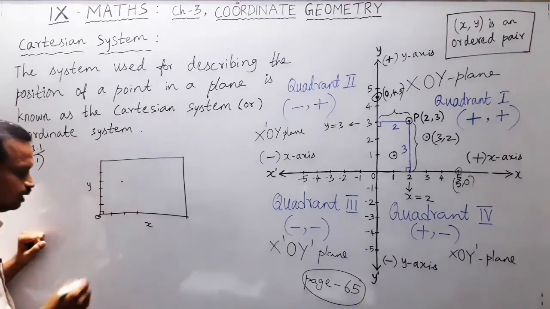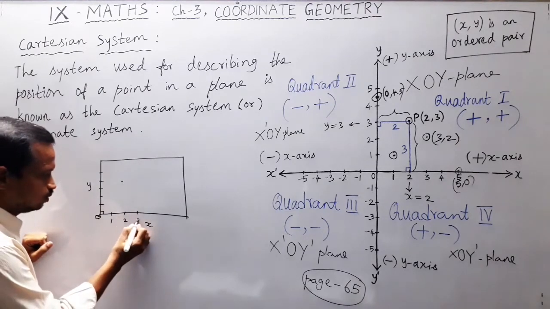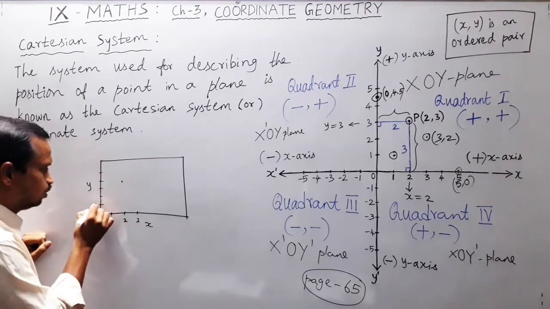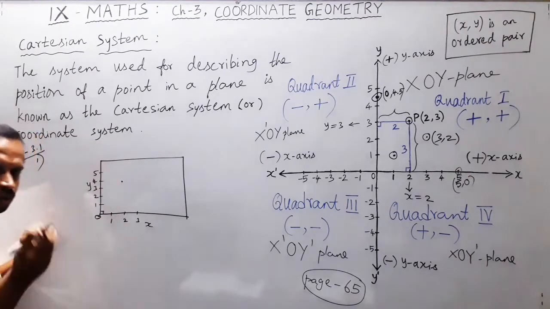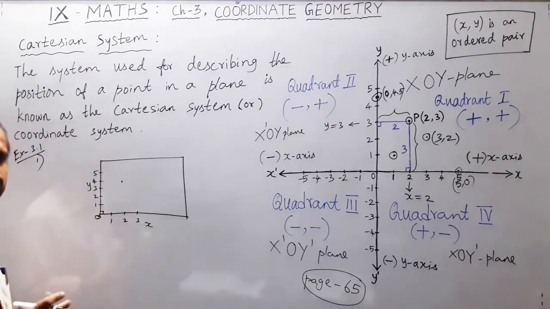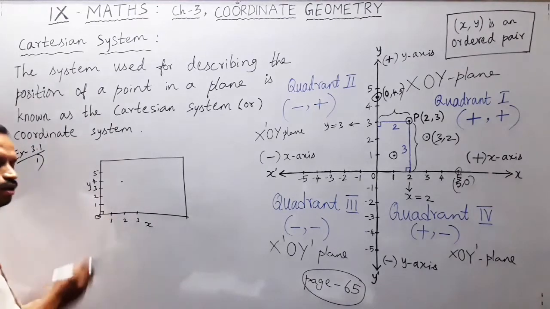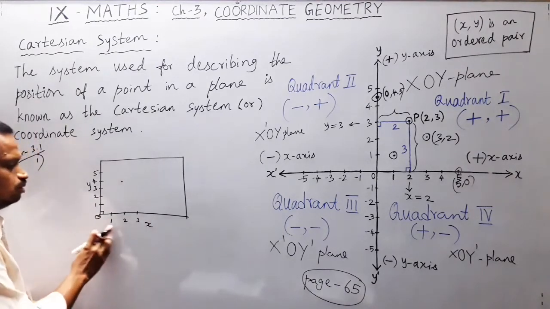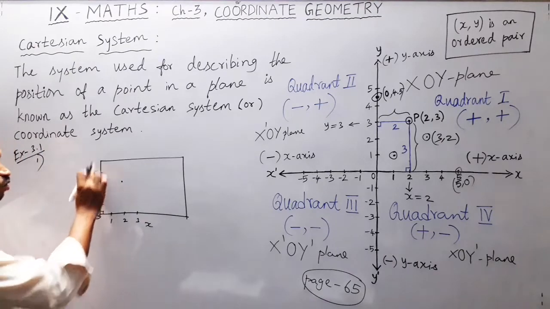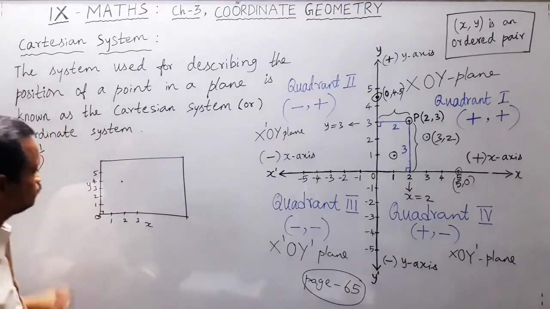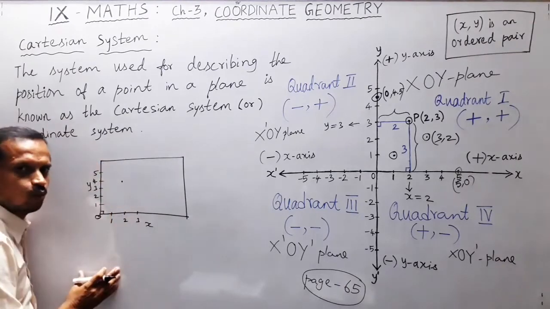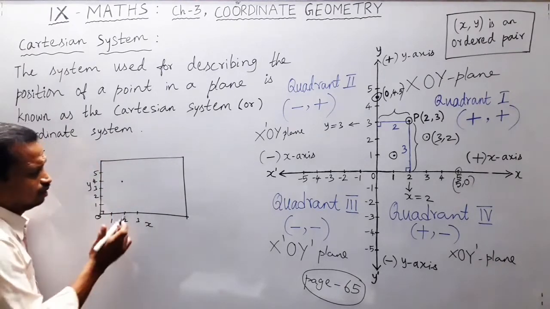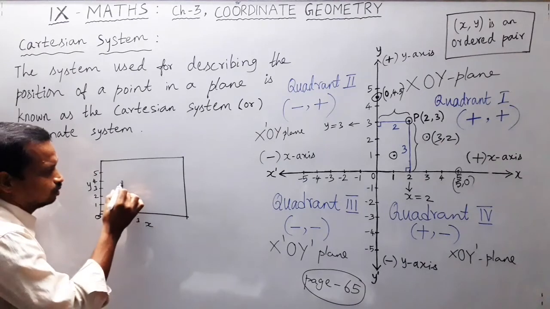Each unit should be at equal distance, so we mark 1, 2, 3 and 1, 2, 3, 4, 5 at equal distances. You consider this horizontal as x and this vertical as y, and you draw the perpendicular.